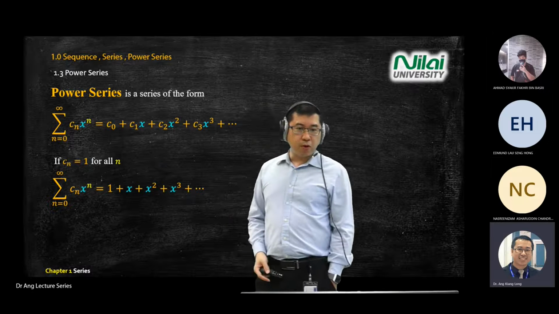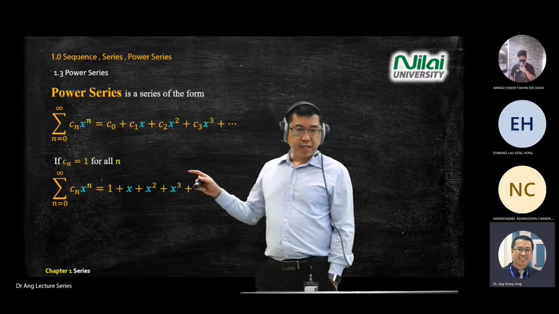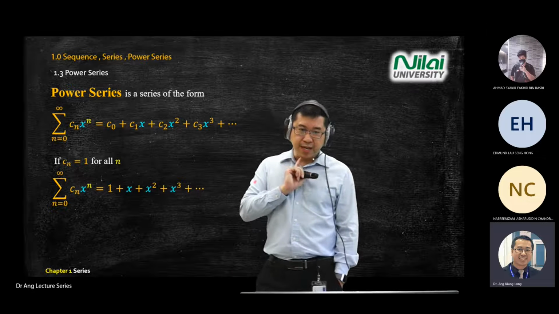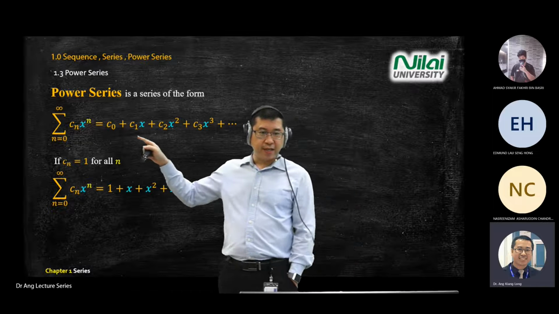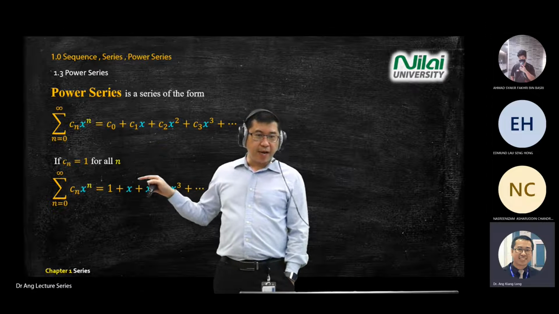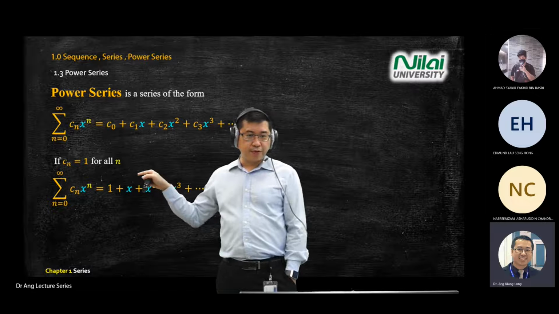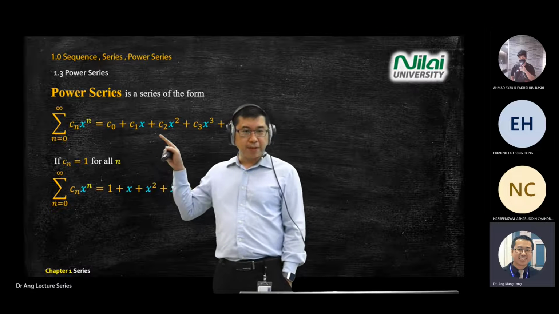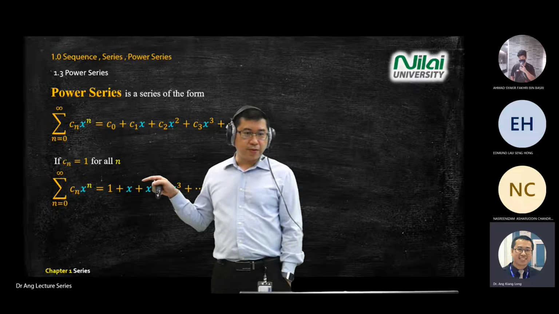So x power 1, you will get, sorry, not power 1. For the first one, our n is 0. For the first number in power series, our n is 0.